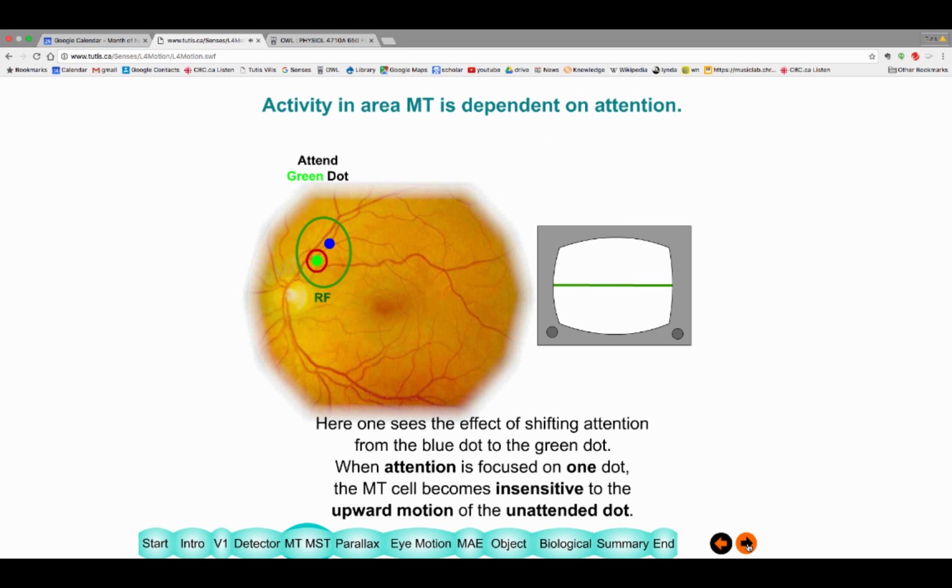So it's sensitive to whatever we're paying attention to, and it's firing when it's moving in the correct direction. It doesn't matter what the other dot in the scene is doing. If we're paying attention to the blue dot, it doesn't matter what the green dot is doing. If we're paying attention to the green dot, it doesn't matter what the blue dot is doing.